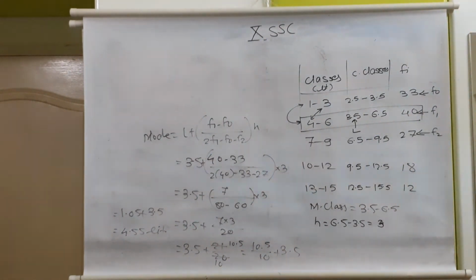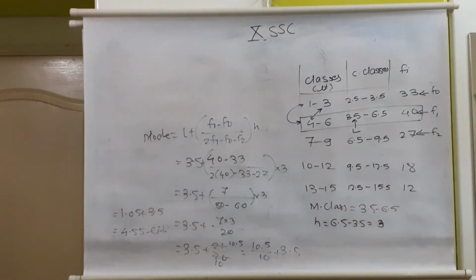In this sum, the important point is that the classes were not continuous, so we made them continuous. Because H is part of the formula, the classes should always be continuous. If the classes are continuous, then the remaining values: the lower limit of the modal class is capital L, the frequency of the modal class is 40, F1.